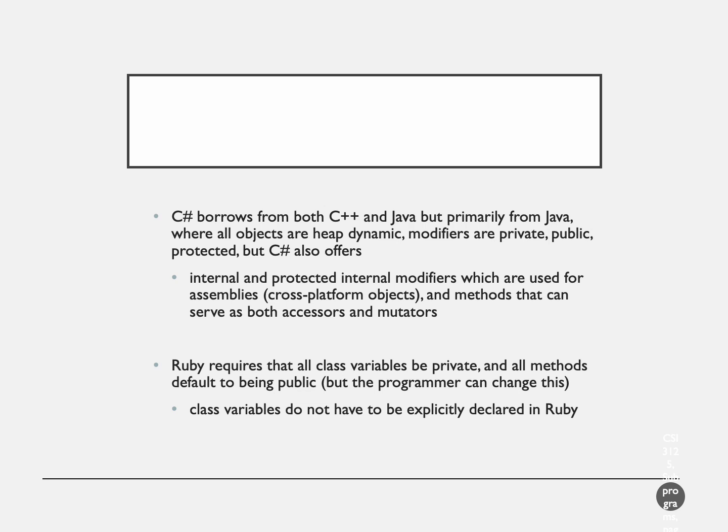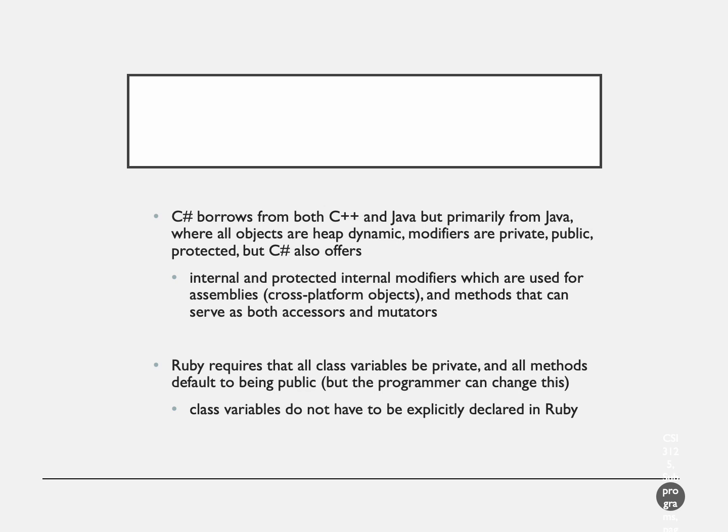Now, C Sharp is heavily influenced by both C++ and Java, but more so by Java. In C Sharp, all objects are heap dynamic, and it uses access modifiers like private, public, and protected, just like Java. But C Sharp goes a bit further.